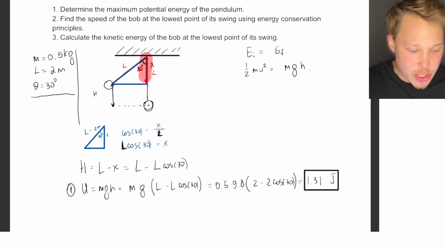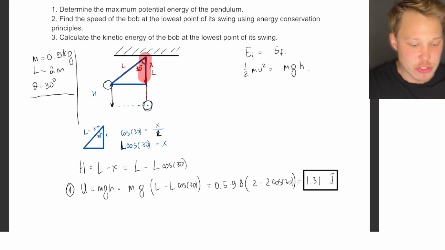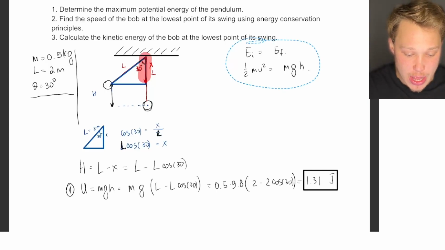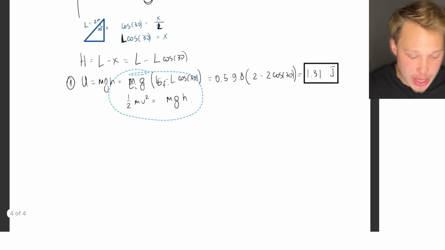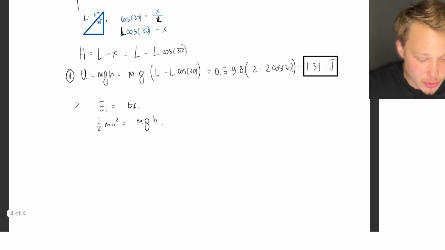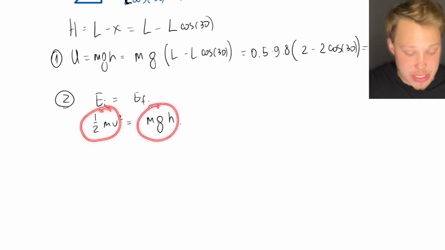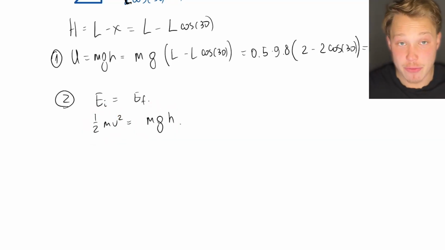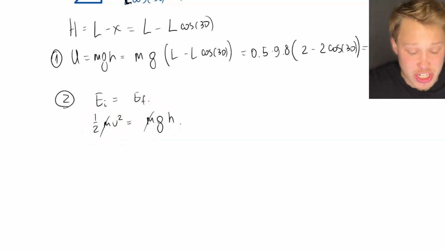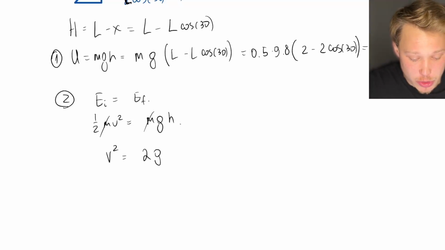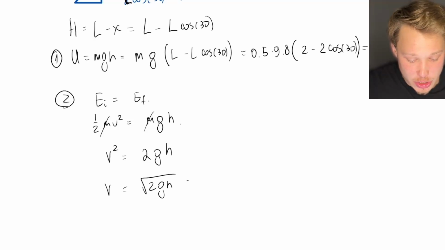Great. So now let's take a look at the second part, which is finding the speed of the bob at the lowest point of its swing using energy conservation. As we discussed before, the energy conservation for the pendulum is the kinetic energy that turns into potential energy. To find velocity, we can cancel out mass on both sides, multiply both sides by 2, and take the square root: v equals the square root of 2gh.